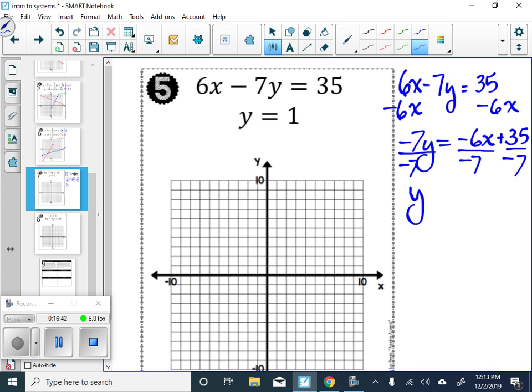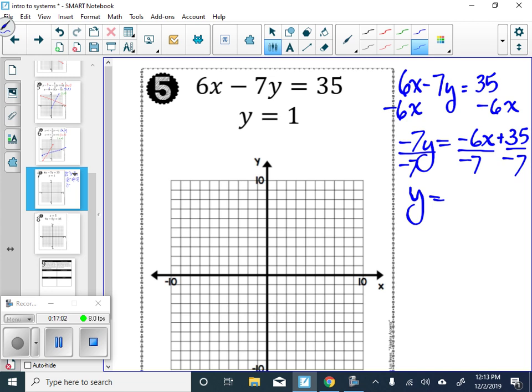And then what happens with negative 6 over negative 7? Do you know how to check it on your calculator? You can go alpha y equals and put it in. Negative 6 over negative 7. And then hit enter. It'll reduce it for you.